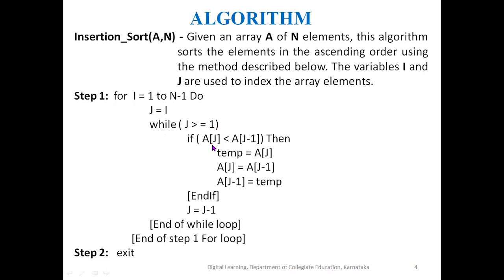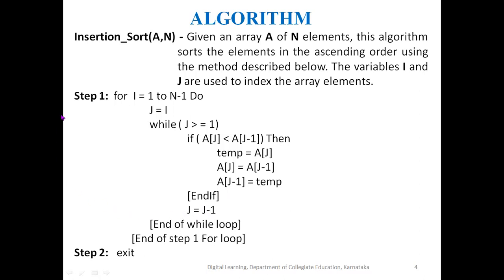Inside the while loop, we have a decision making statement where we compare if A of j is less than A of j minus 1. If this condition is true, then the two values are swapped using these three statements. If not, the j value will be decreased by 1.